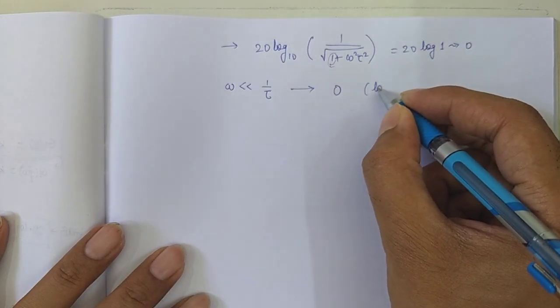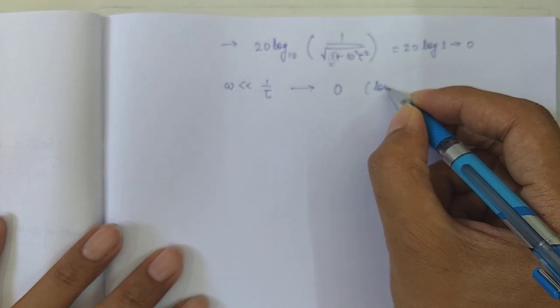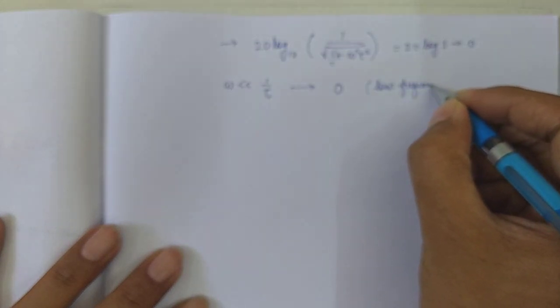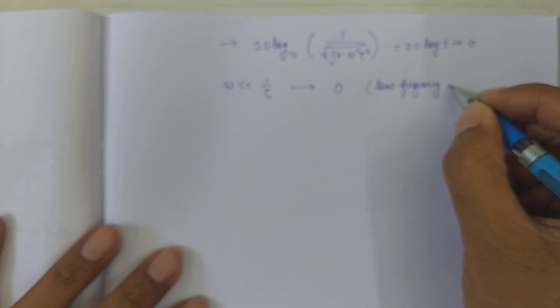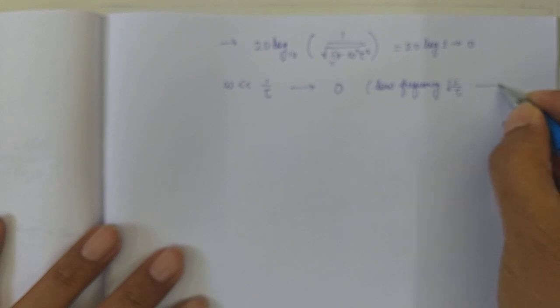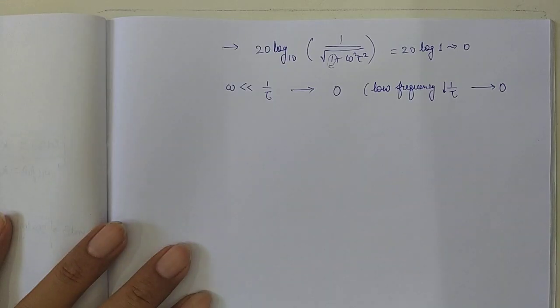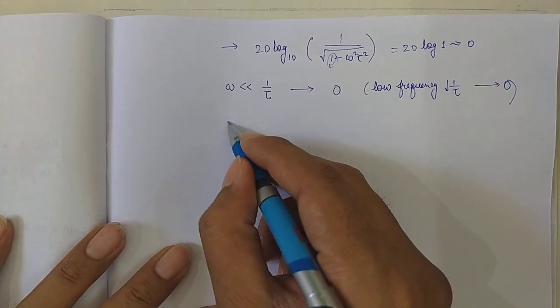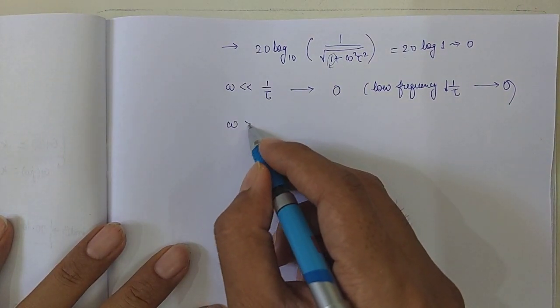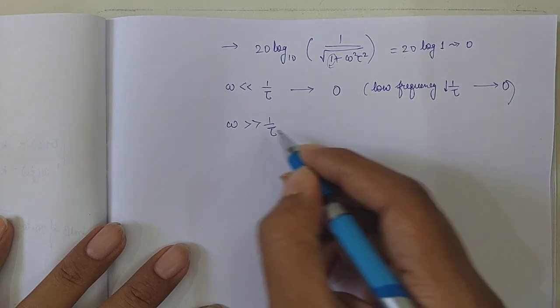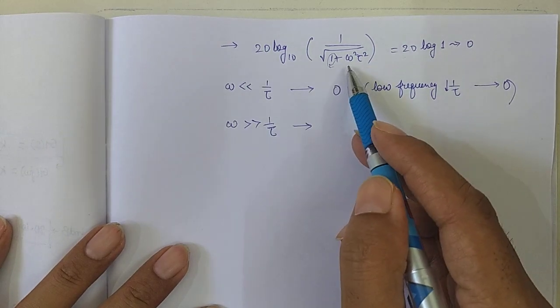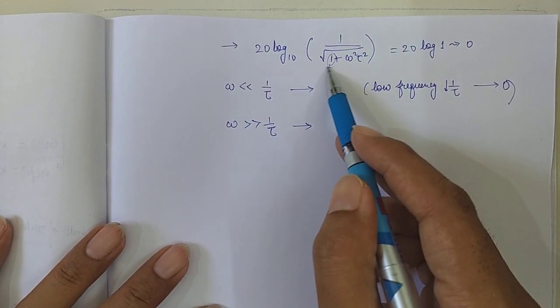So for low frequency, lower than 1 upon tau, your magnitude tends to go to 0. Now when omega is greater than 1 upon tau, what happens? This is much greater than 1, so this one term we can ignore.